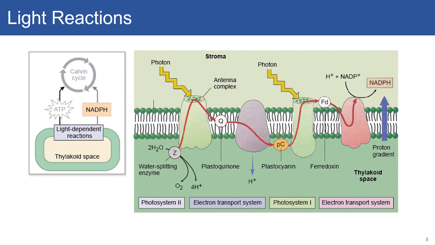So we split water and we get O2 in the end. The high energy electron then travels down the electron transport chain. It does lose energy as it goes. Some of the released energy drives the pumping of protons, and it builds a gradient. Ferredoxin is then transferred.